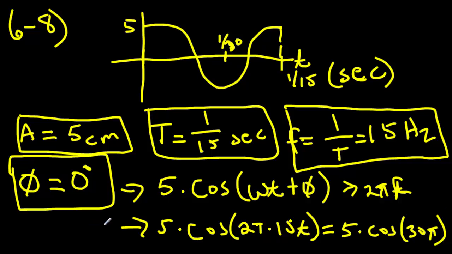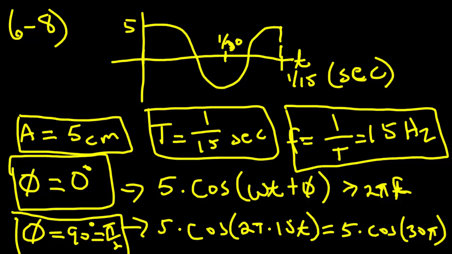Like I mentioned before, though, we can also represent this as a sine wave, which would have a phase shift of 90 degrees. If we represented this as a sine wave, the only difference would be this phase angle, which would be 90 degrees or pi over 2.